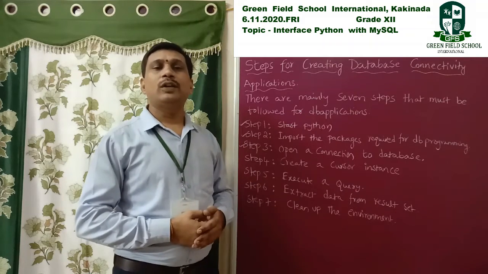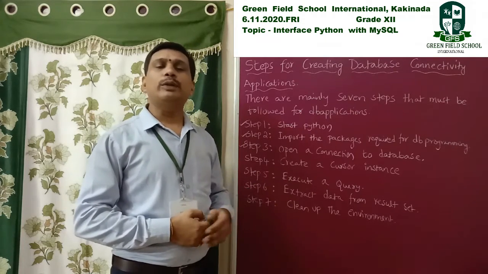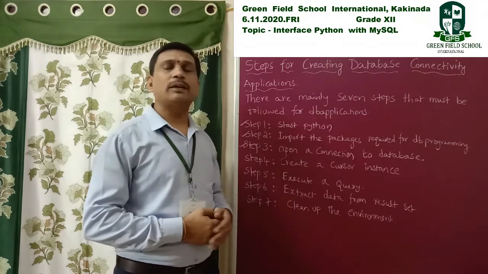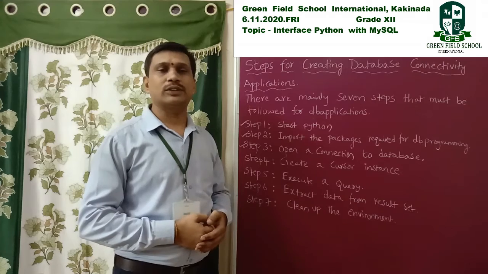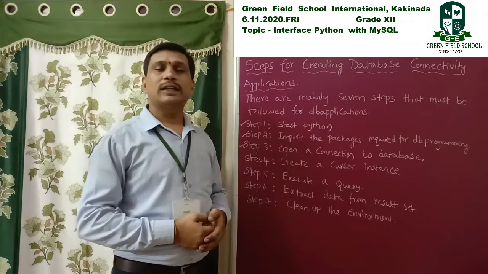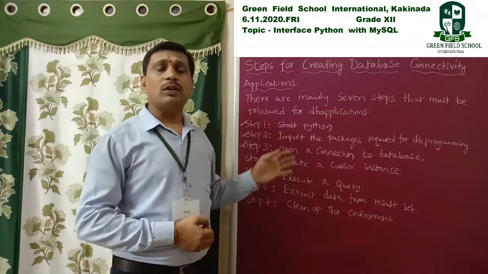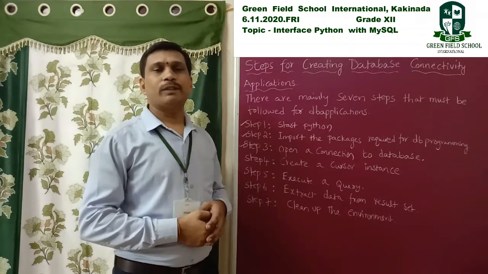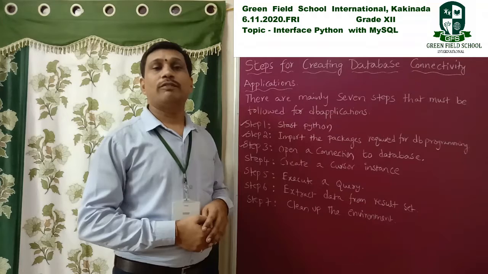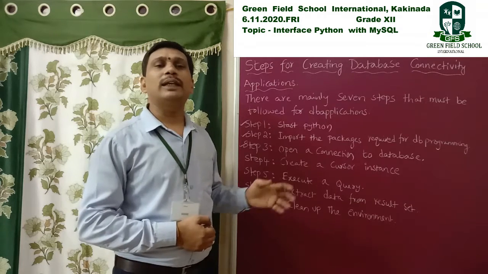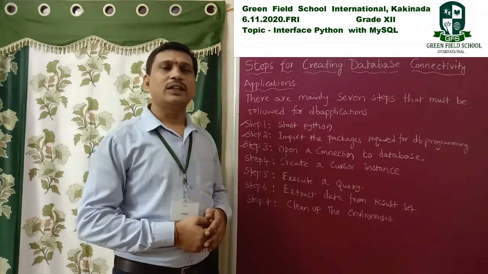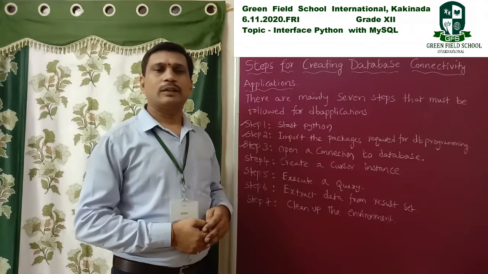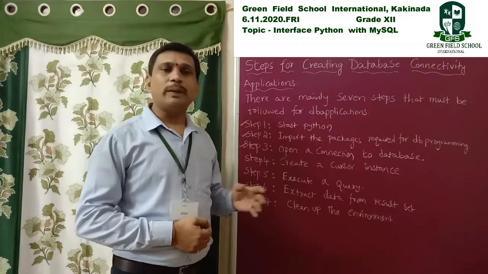In this way, we use two-way communication between front-end and back-end by using all these 7 steps in database connectivity programs. These 7 steps are used frequently when you are developing web applications. In client-server architecture, we require database operations.